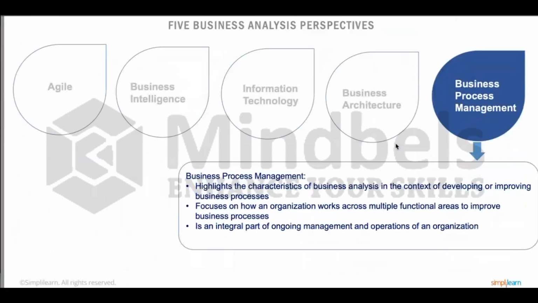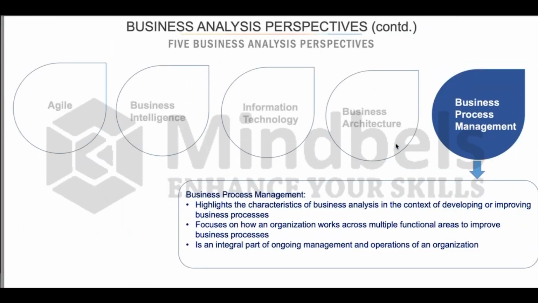And last but not least, it's BPM, business process management. It's more of developing or improving the processes themselves. BPM is more of an existing process, and you're just helping the business to improve it. You're not starting something very new.